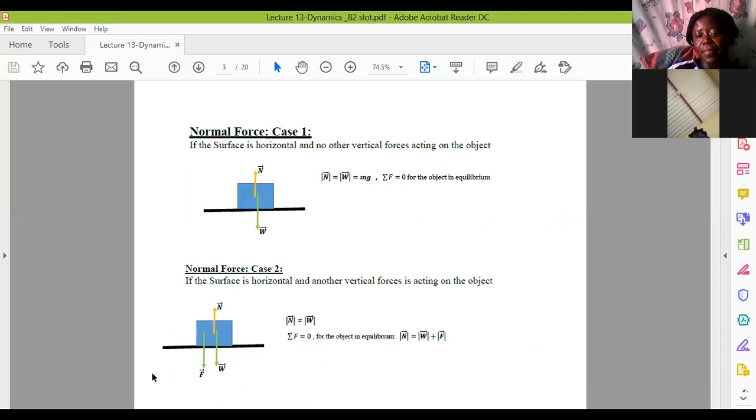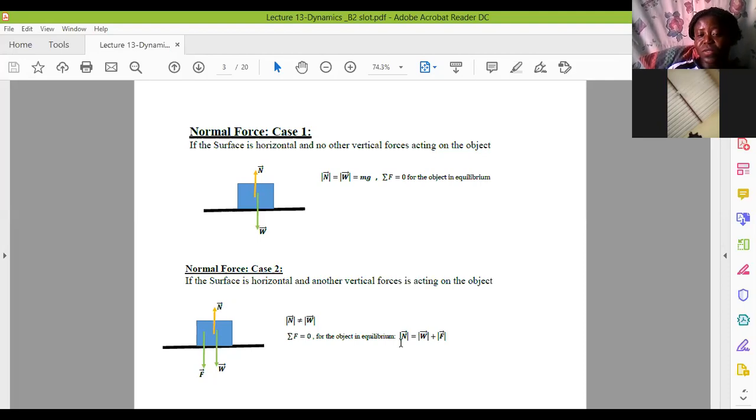So if you look up on that case, the case 2 that we had here, you apply a force. This is almost now the same question that comes now. You apply a force downwards because you are pushing this box downwards. Then in order for this box to remain at rest, not moving at all, what should happen to the normal force?